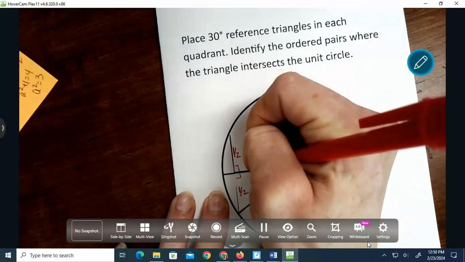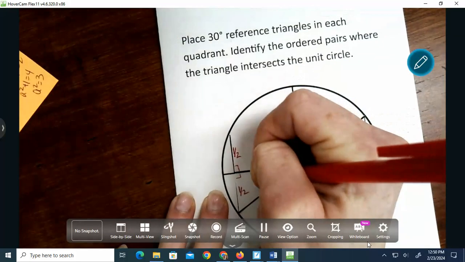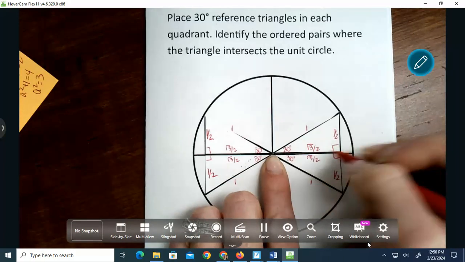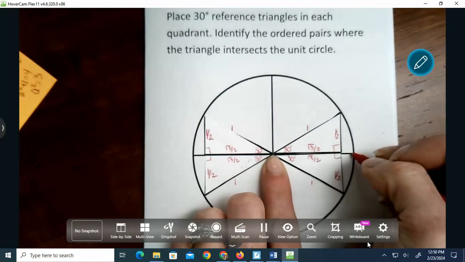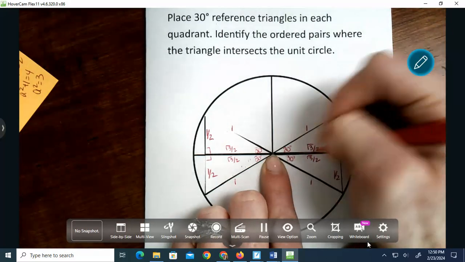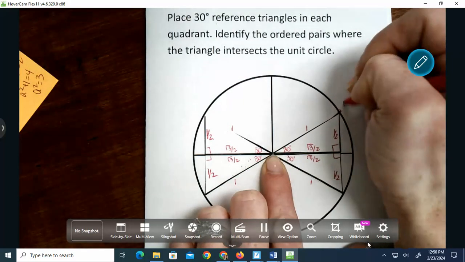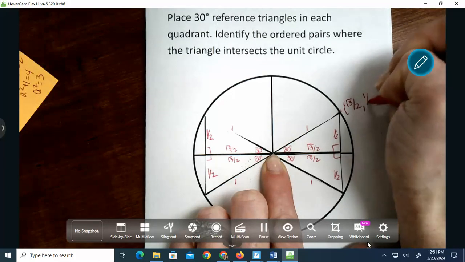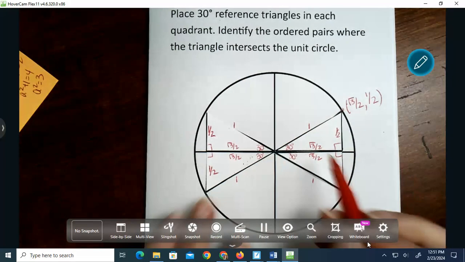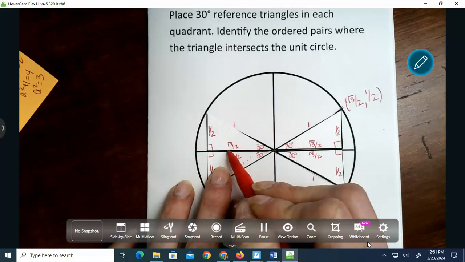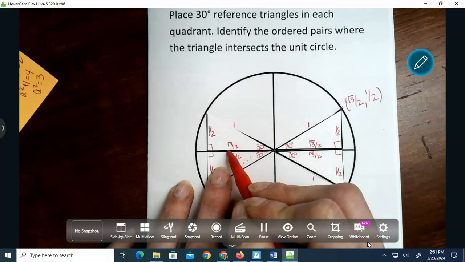So if we think about this as just a graph, if we're plotting points, if I come out here, this is the point 1, 0. If I go up, an ordered pair is x, y. So my x value was radical 3 over 2, bless you, and my y value is 1/2. Now, when I go this way, if this were centered at 0, 0, what would be true about my radical 3 over 2?